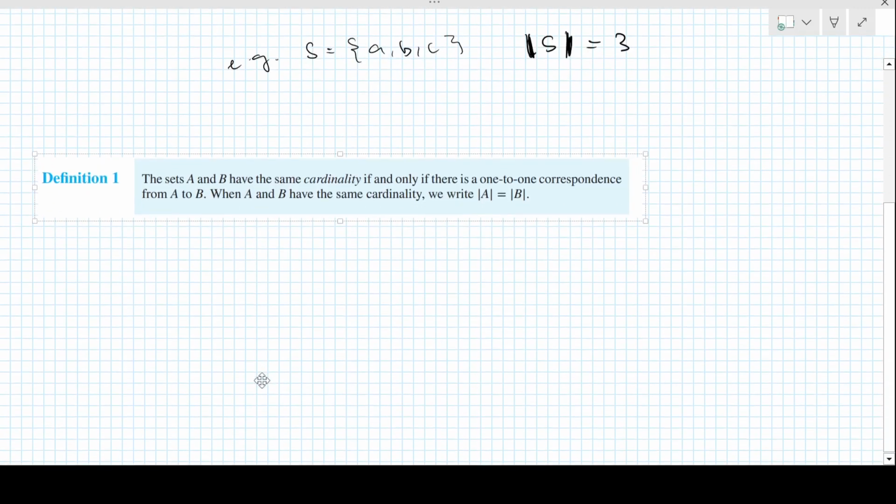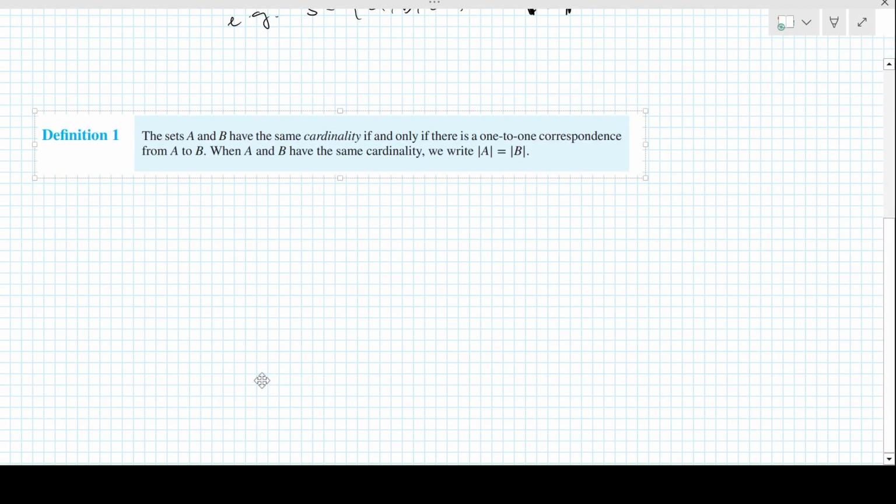This is the first rule or definition that you should know, and this is something we covered when we were doing functions.